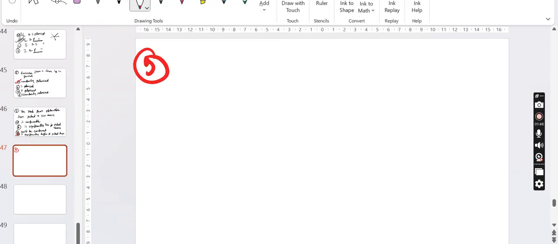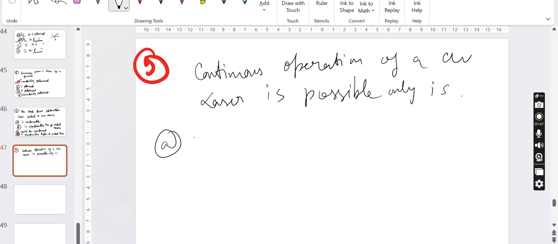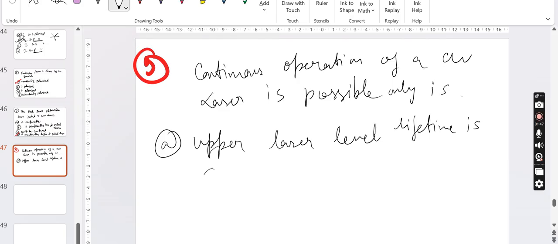Question number 9. Continuous operation of a CW laser is possible only if A, upper laser level lifetime is shorter compared to lower laser level.